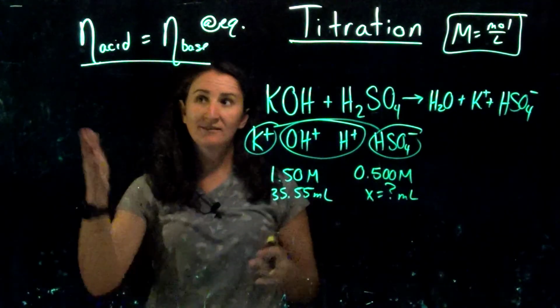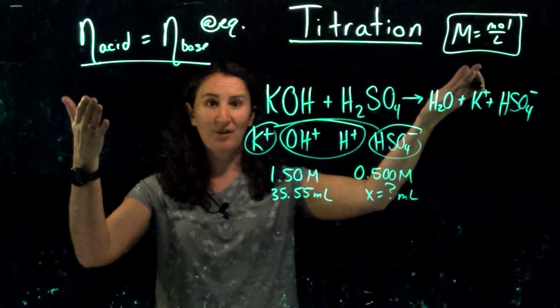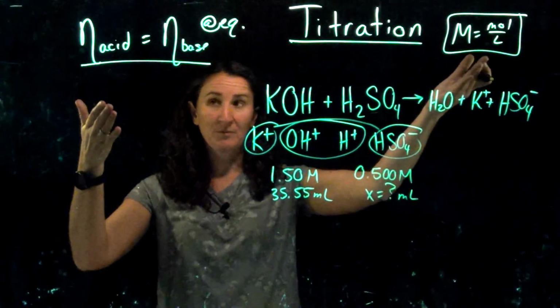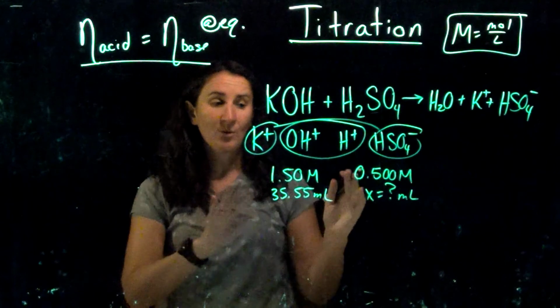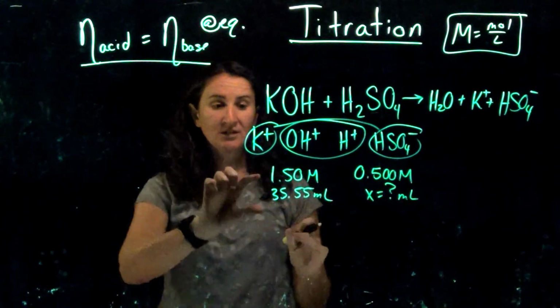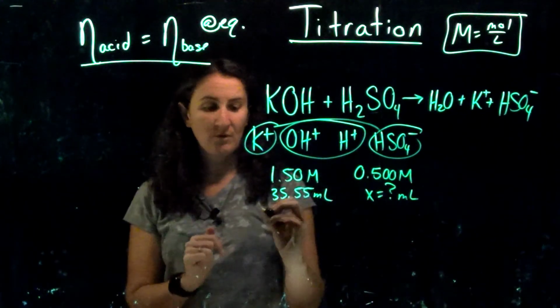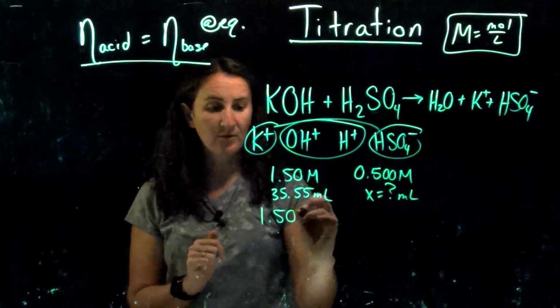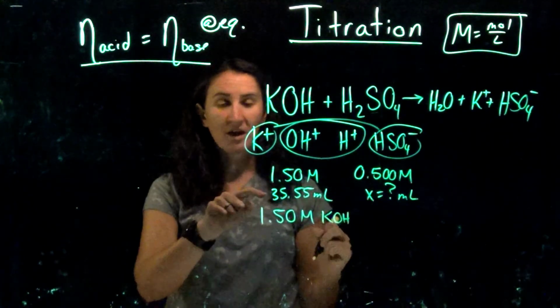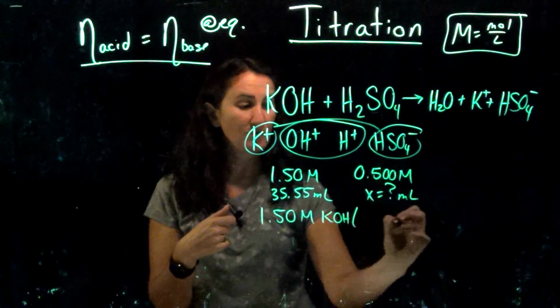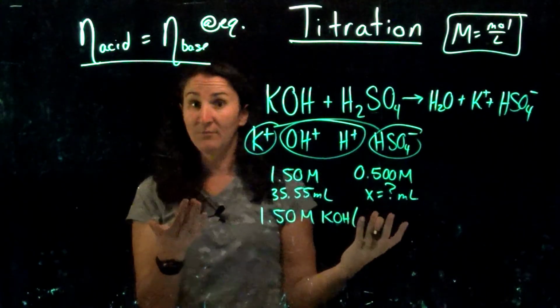And so using this and knowing our two pieces of our equation, that molarity equals moles per liter and moles of acid equals moles of your base at your equivalence point, we can solve. So the first thing you do is start with what you know. So in this case, we know 1.50 molar of potassium hydroxide, and we also know its volume. So if we can do those two pieces of our puzzle, we can find the number of moles.